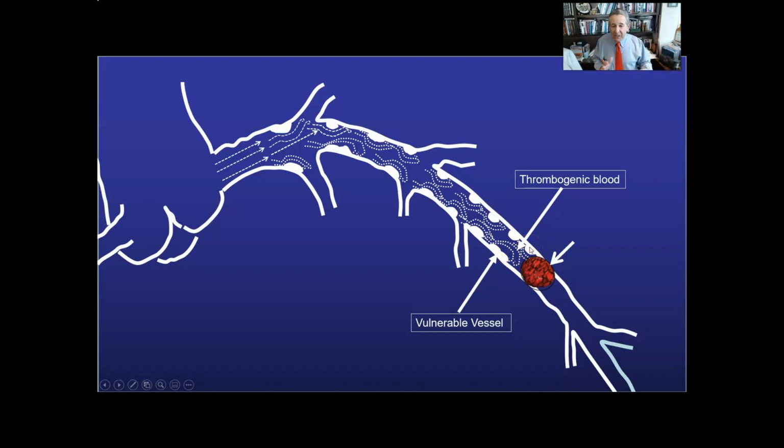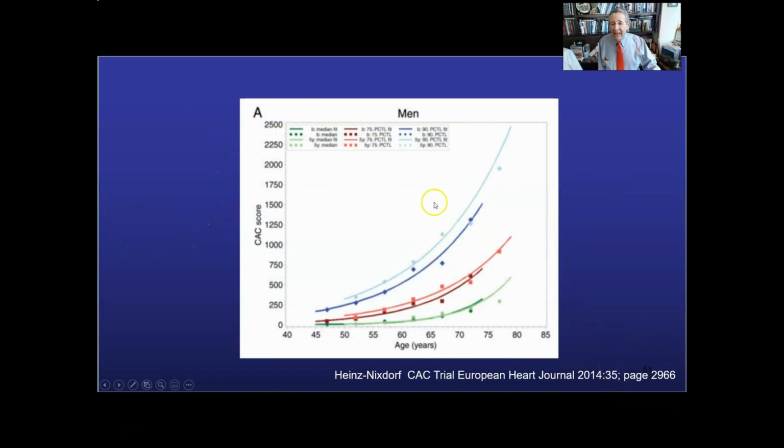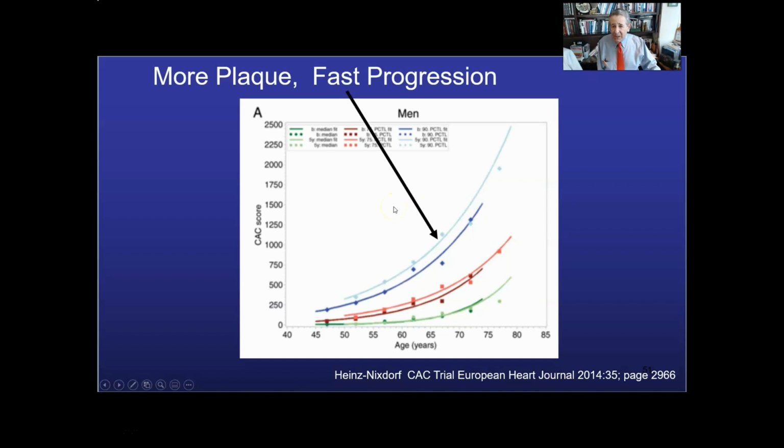So this explains why there's invariably a high plaque burden before we have an event. Now, there are exceptions. Some people are very thrombogenic, particularly smokers. And sometimes in families, there's particular thrombogenic risk. But in general, the more lumpy, bumpy your vessel is, the more disturbed the flow, and the higher the risk. And this is a study from the very famous Heinz-Nixdorf study, where they followed a large population, and including serial coronary calcium scores.